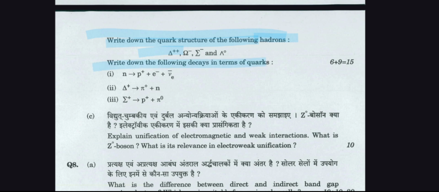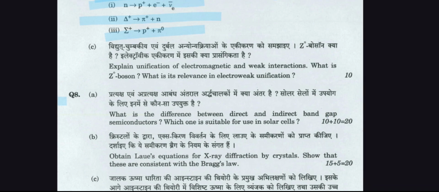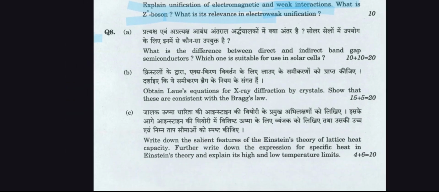Write down the following decays in terms of quarks. Question C is here. Explain the unification of electromagnetic and weak interactions. What are Z bosons? What is their relevance in electroweak unification?